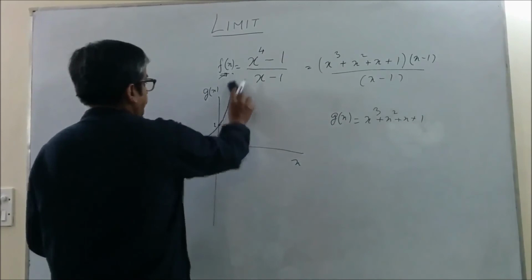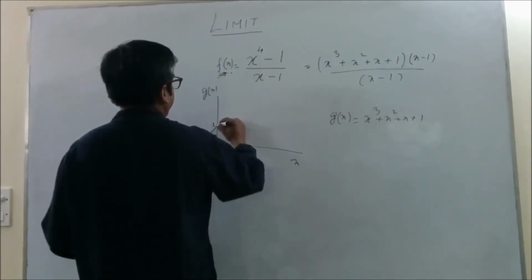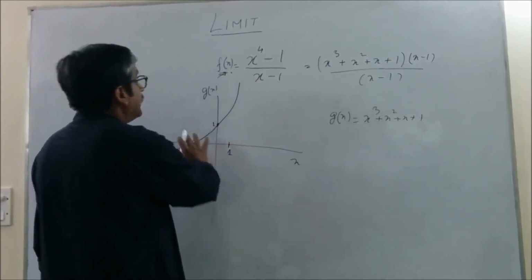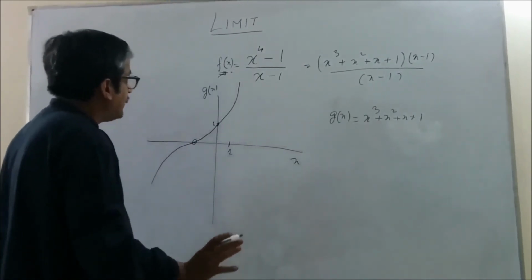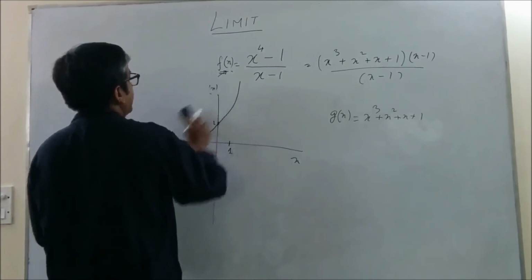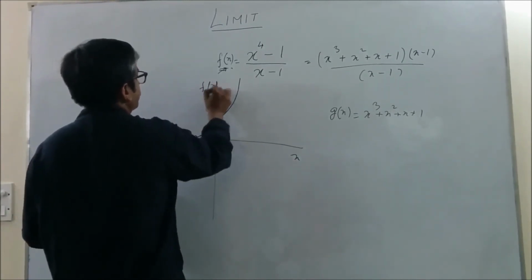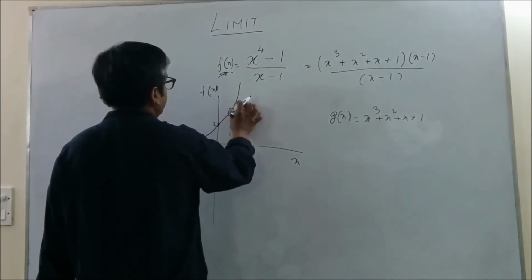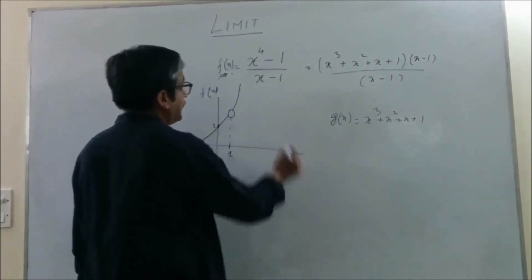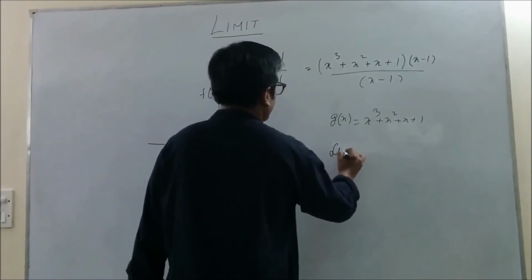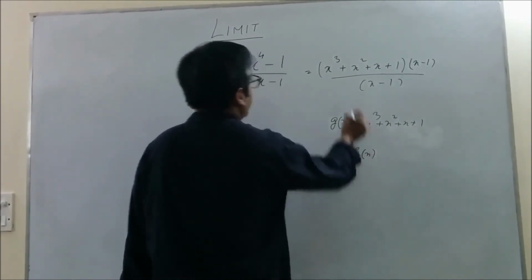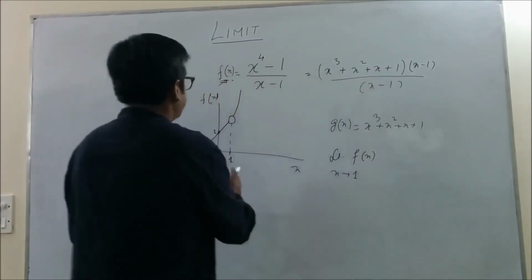So again, at x equals 1, gx is perfectly well behaved, but instead if I call fx, then the function is not defined at 1. But if we have to find the limit of fx as x tends to 1, I'll do this as x is very close.